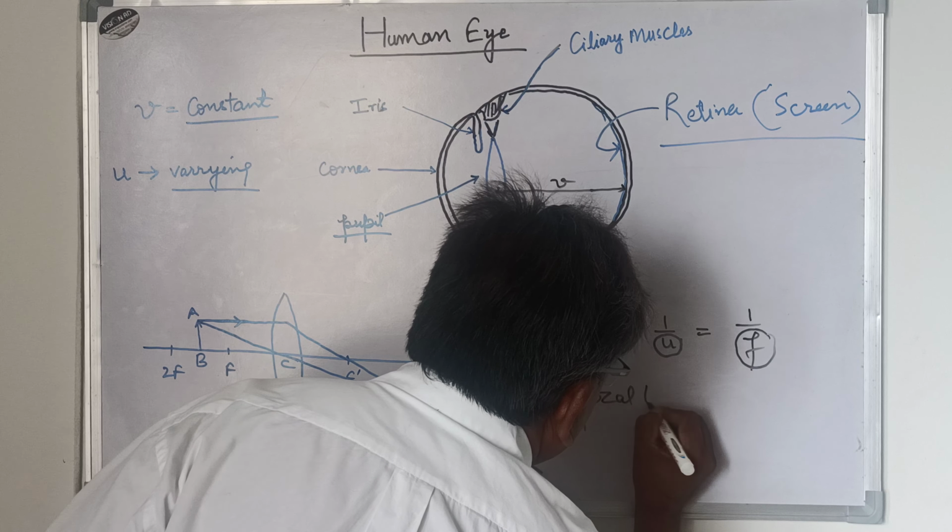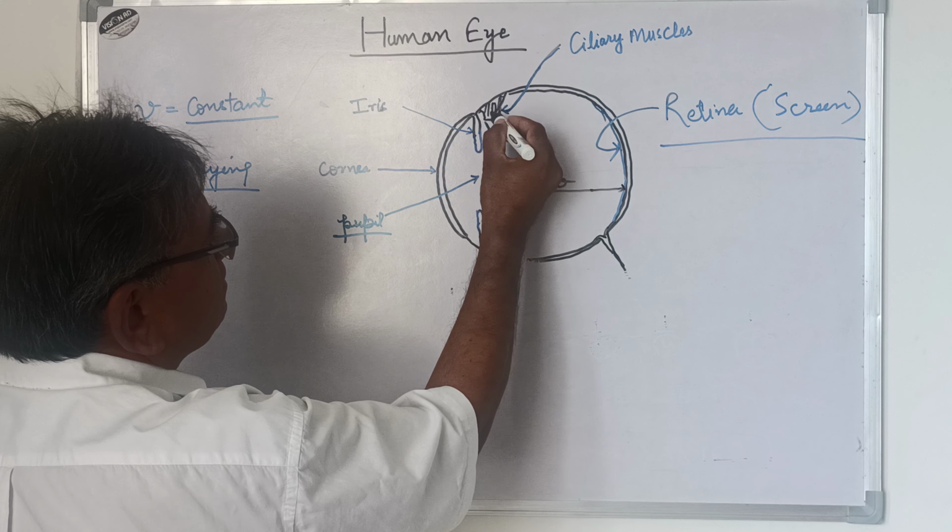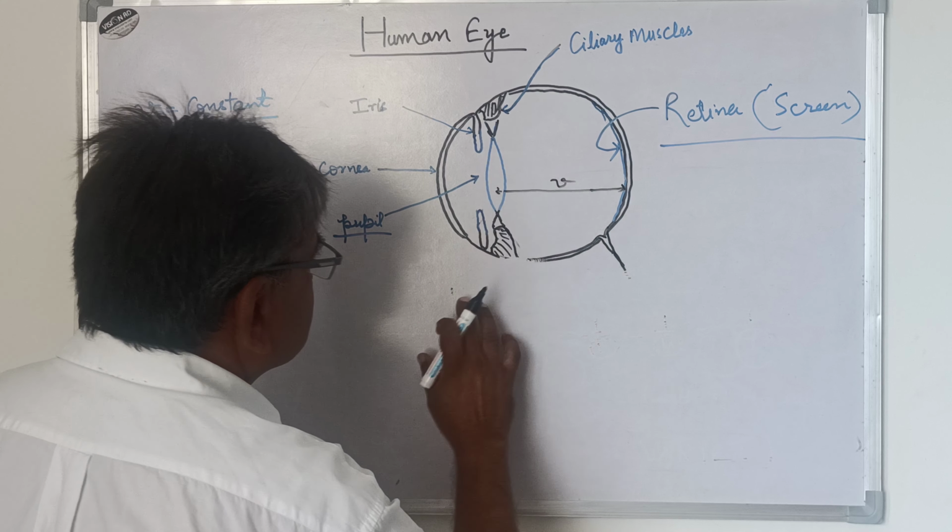So what happens? These are ciliary muscles. The lens is connected. When we need a small focal length, these ciliary muscles act in a way that this lens is compressed.